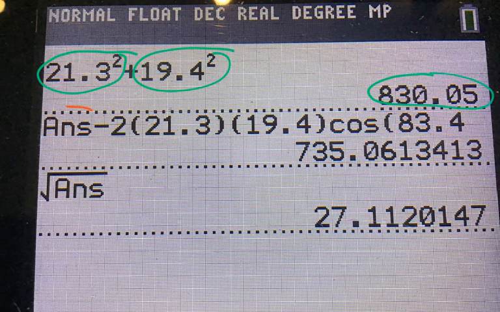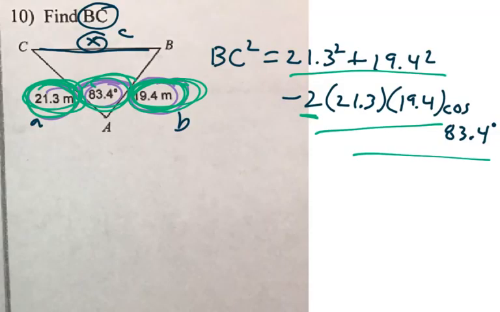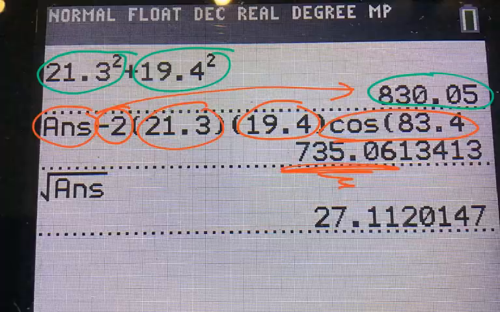I'm now going to take that answer, and I'm going to minus 2 times a times the b times the cosine of theta, the angle between the a and b sides. I get this. Now remember, that is squared. That is the BC squared.